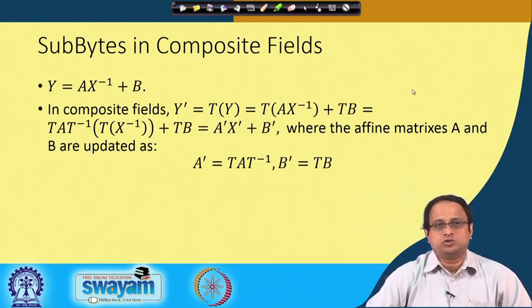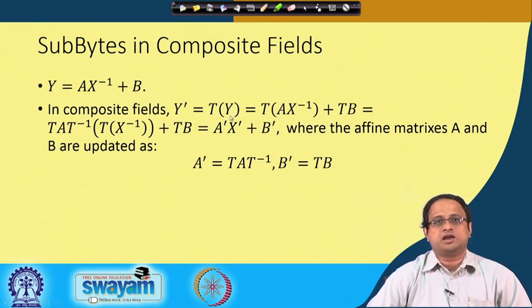So if I do that, I have T A X inverse plus T B. What I can do is write this X inverse as T X inverse, and I can bring in a T inverse factor and remove it by again multiplying with T. So T inverse T is I.